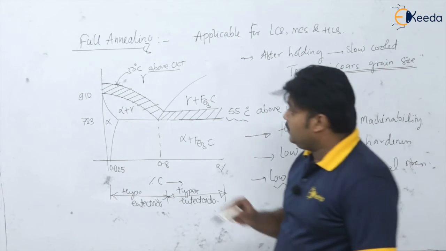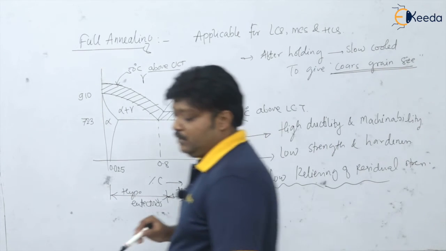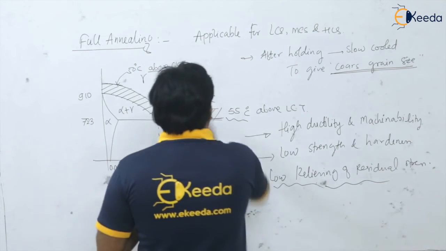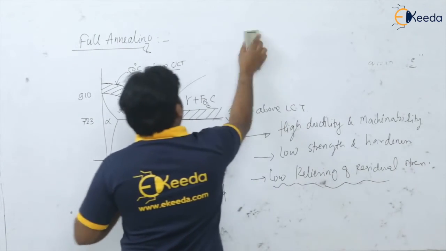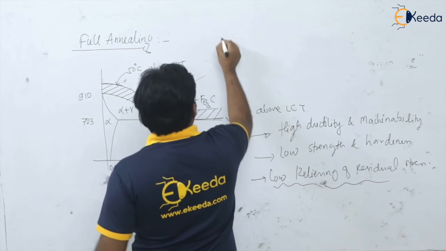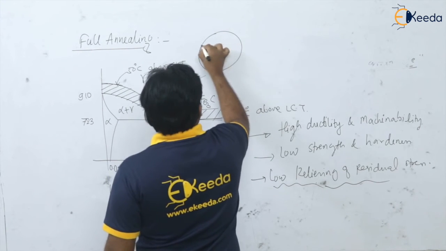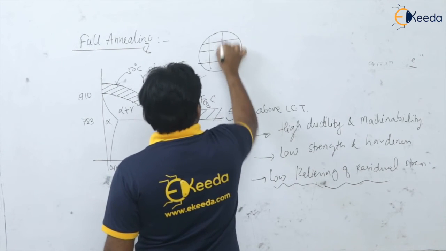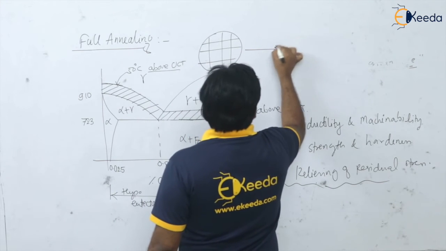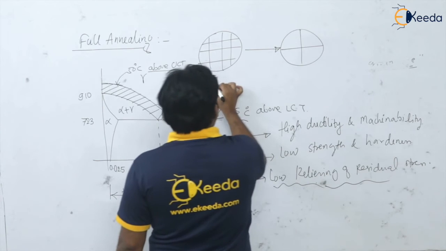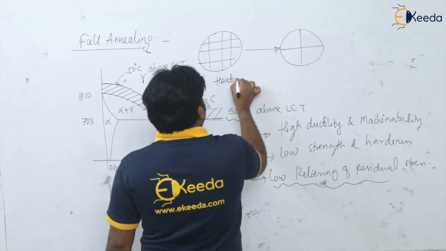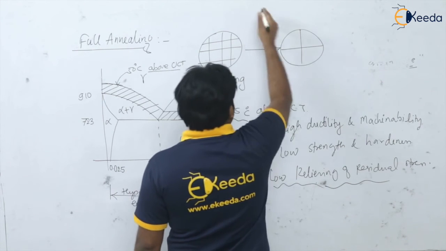Now if you want to show this full annealing process diagrammatically, we are heating this component, isn't it? This is the initial structure. When you heat and hold, uniform grains form. This is heating, enlargement of the grains and relieving of the stresses.